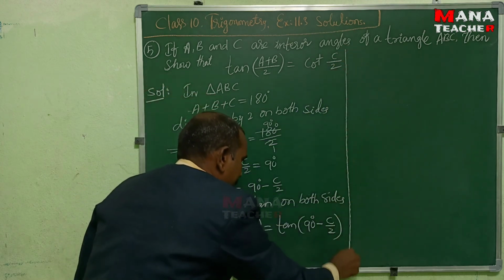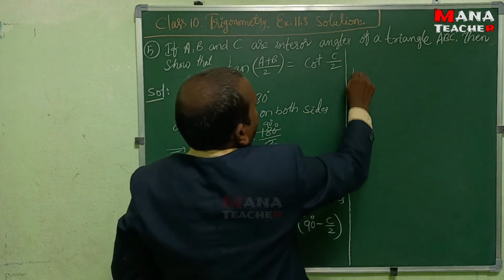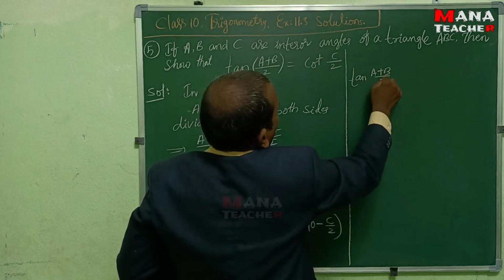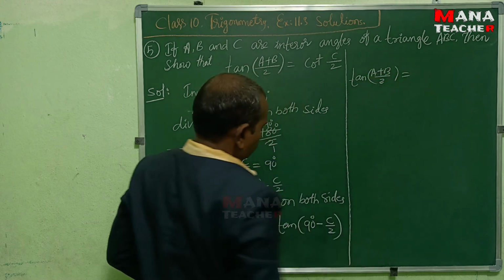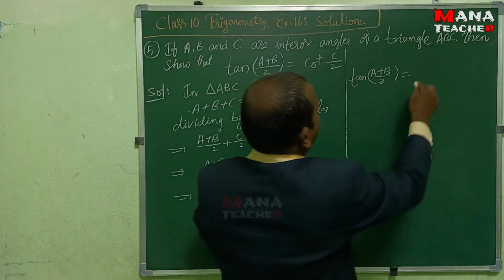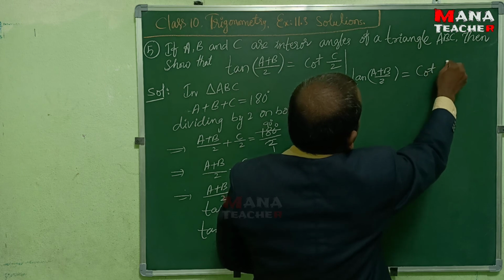Here tan of (A plus B) by 2 equals tan 90 minus theta, which is cot C by 2.